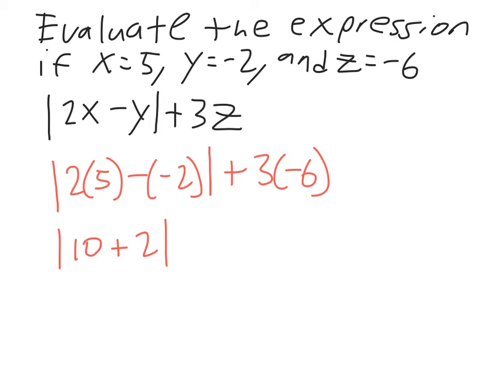And then 3 times negative 6 is negative 18, so minus 18. So now, inside the absolute value, we have to do the 10 plus 2. So 10 plus 2 will give us the absolute value of 12 minus 18.